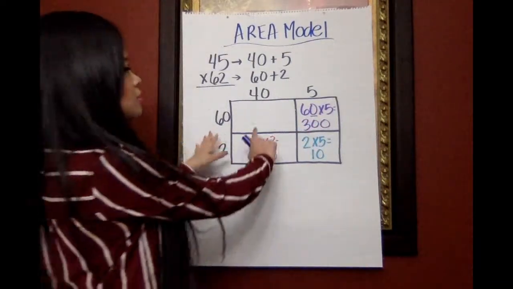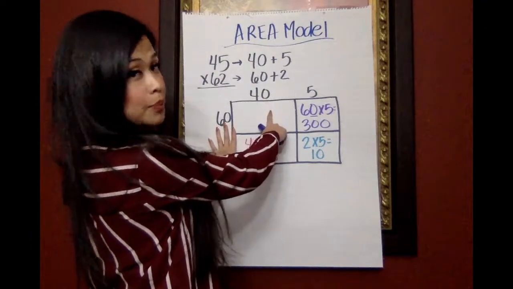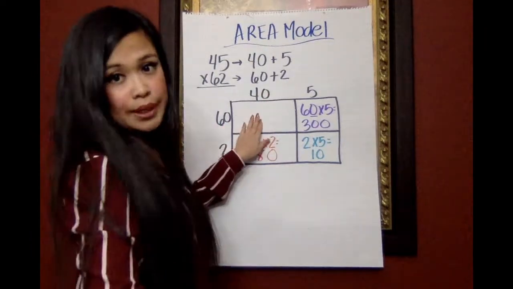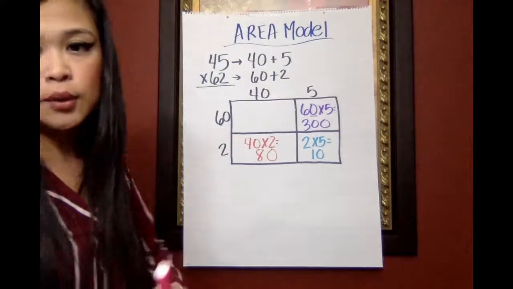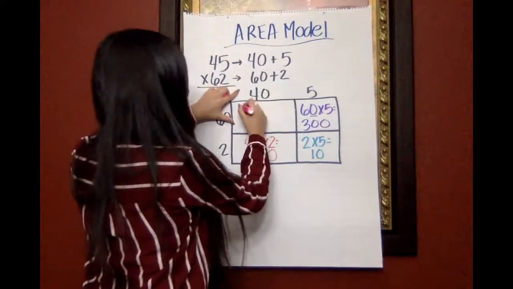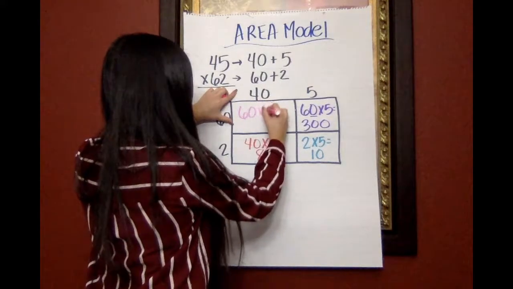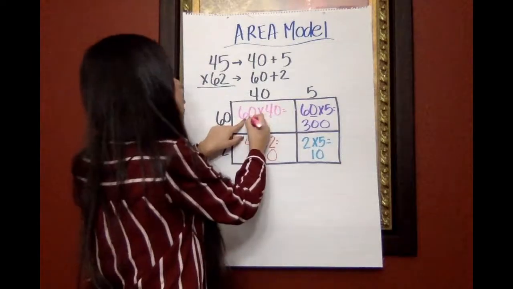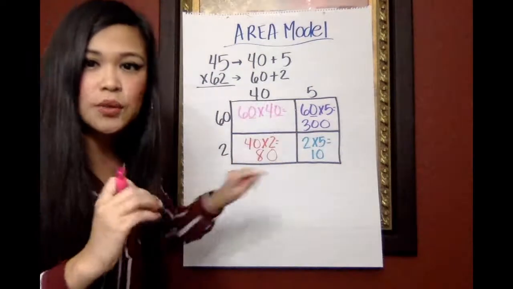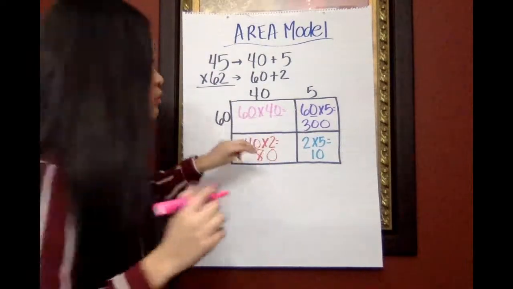And then last but not least, we're going to multiply 60 times 40. So go ahead and multiply 60 times 40, and I'm going to do it with you. I'm going to write my partial product, 60 times 40. I'm going to go ahead and balance, okay? This is important. Balance your zeros.